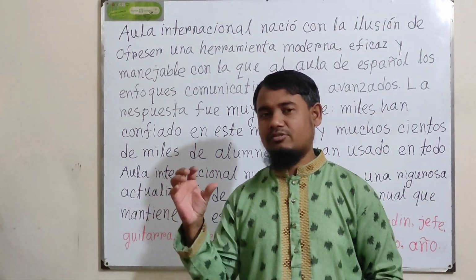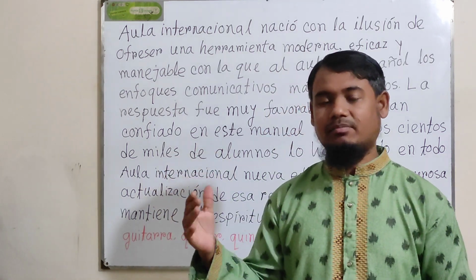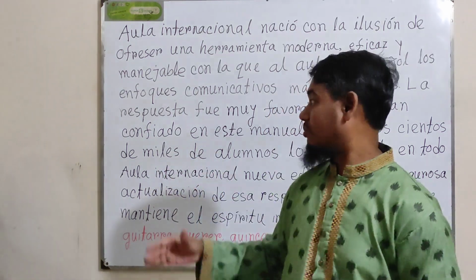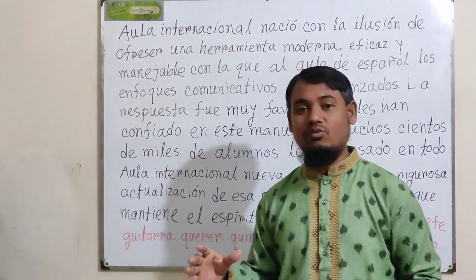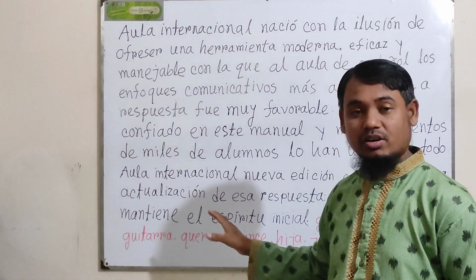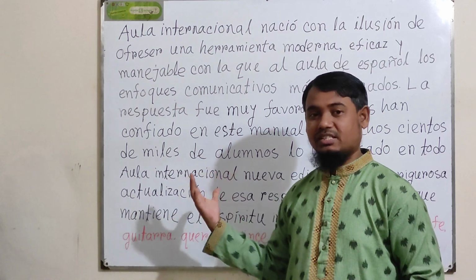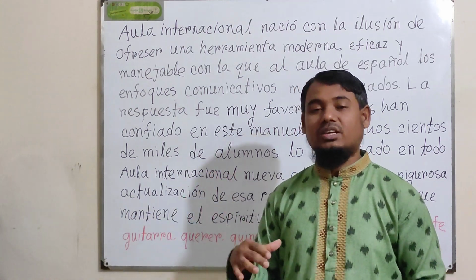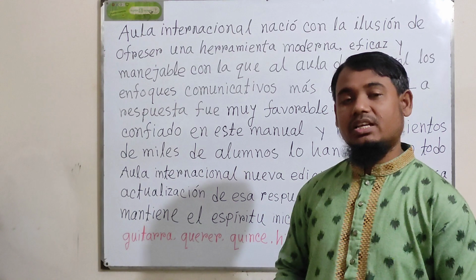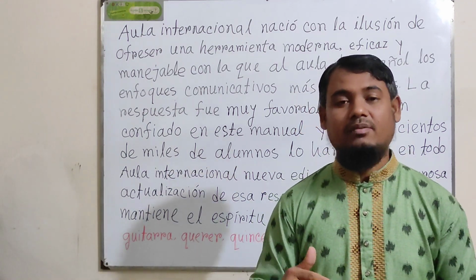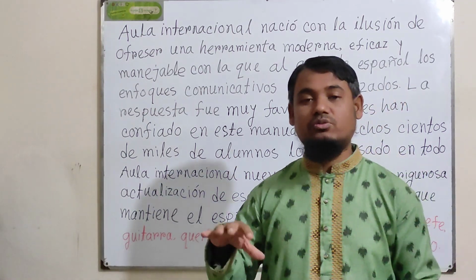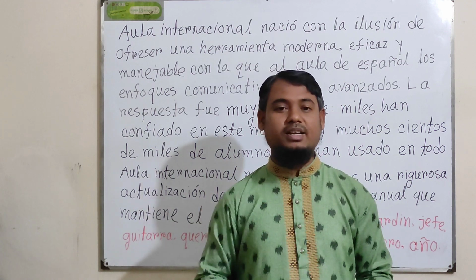In the previous part, I have shown you separately some combined sounds, but in this portion I have shown you by writing some sentences on my whiteboard, and I have shown you the pronunciation, how to read the Spanish language. So it will be very easy for you. If you have a good intention, it will be easy for you to learn how to read Spanish language.